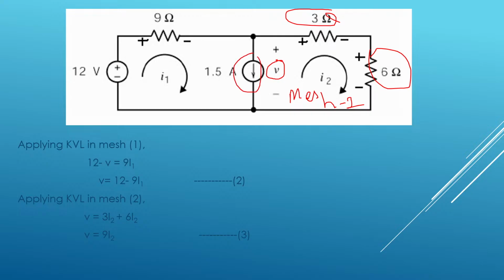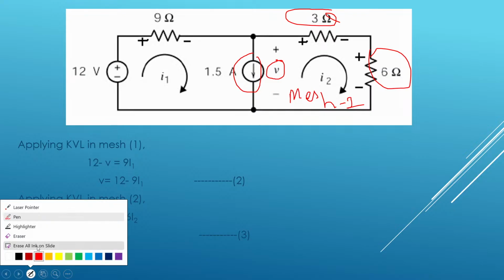This is a current source, but I have assumed there is a voltage V across this current source. It's just an assumption, and based on my assumption I'm writing the KVL equations. So there is V, there is a 3 ohm resistor, there is a 6 ohm resistor. So V is equal to the algebraic sum of voltages. So only V is there.